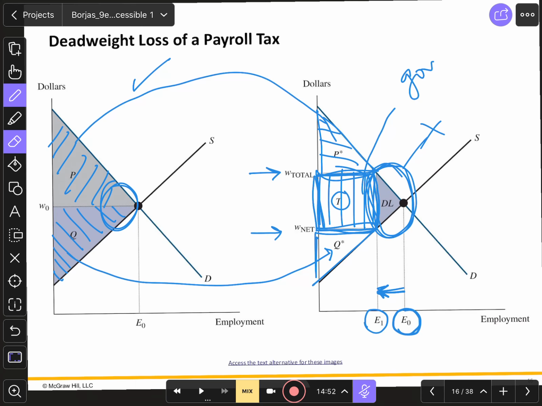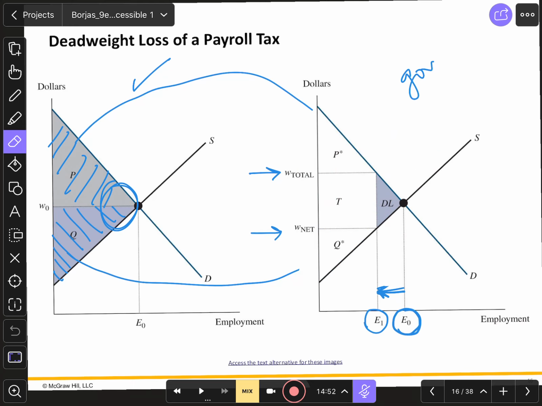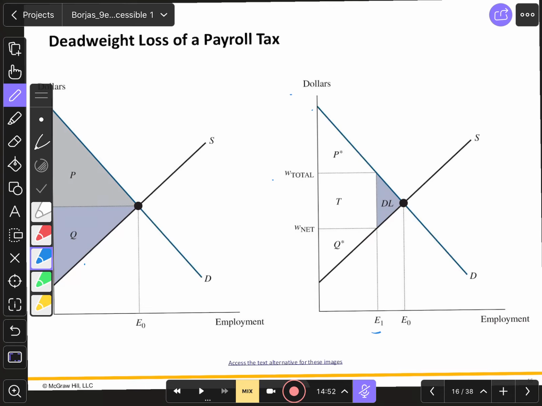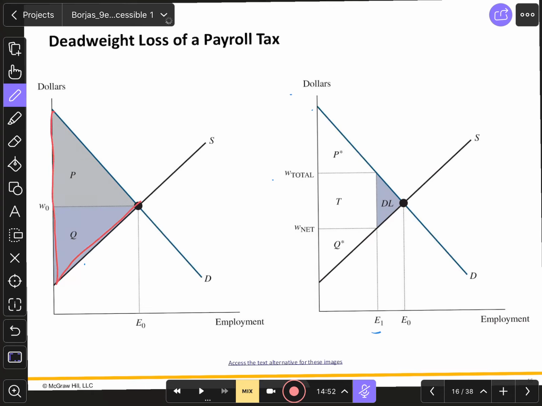So I'm sorry for the mess. If I'm talking about the surplus for the whole economy, in the triangle on the left versus the triangle on the right, then just by looking with your eyes, this big triangle is the surplus for the whole economy.